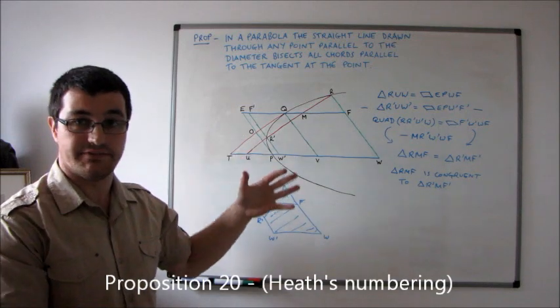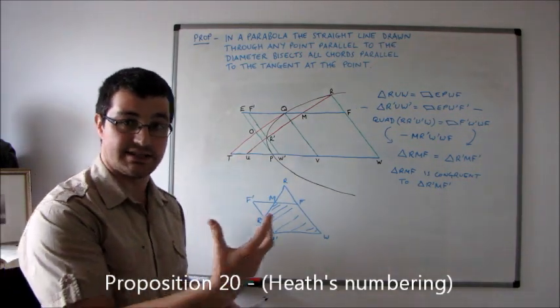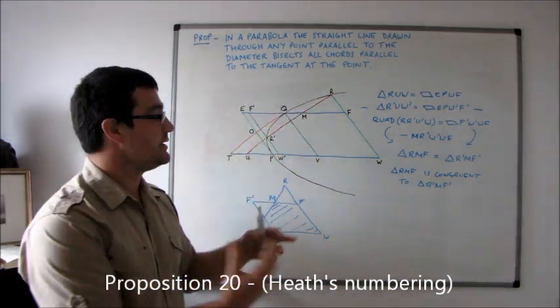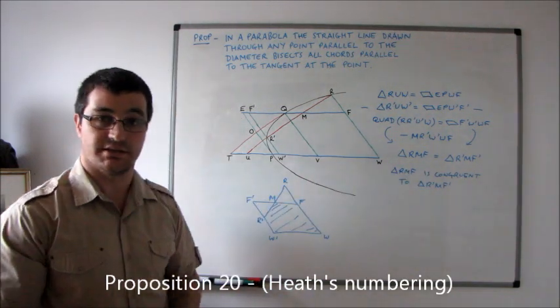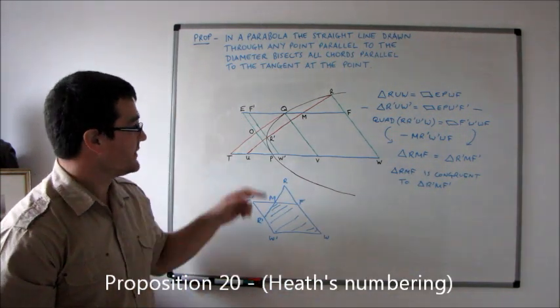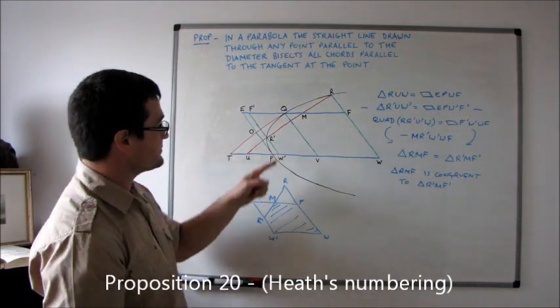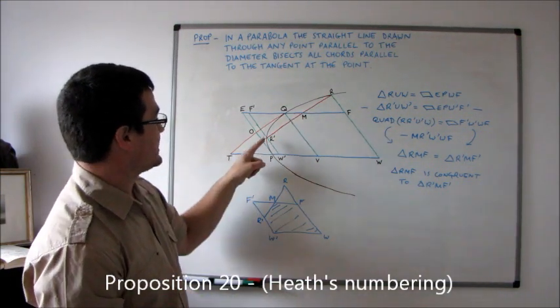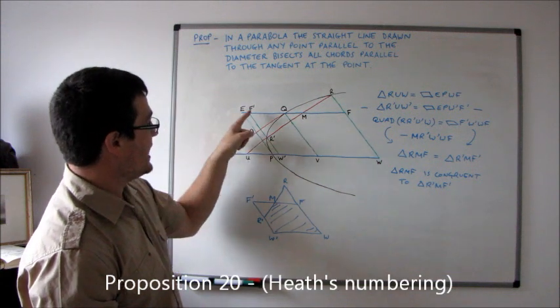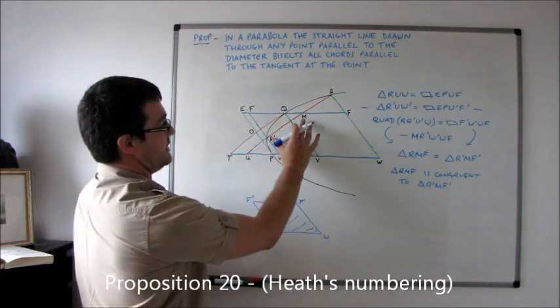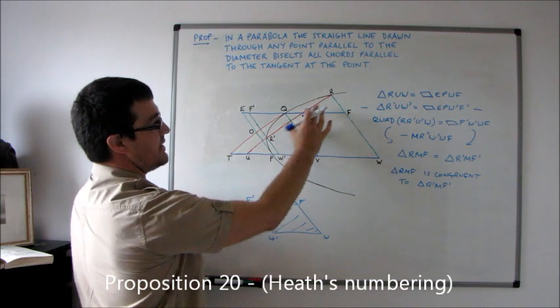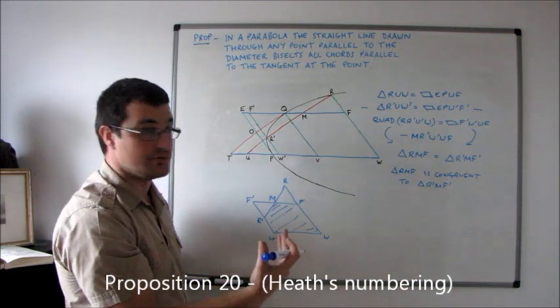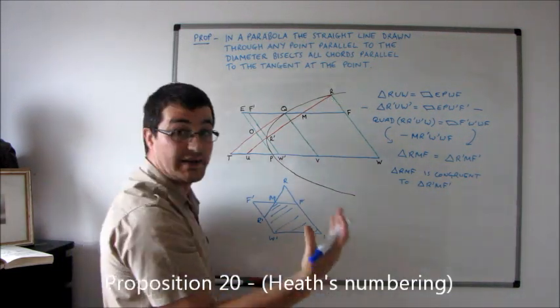But looking at the parallels involved, we can see that the triangles are at least similar because they're equiangular, and this, coupled with this, tells us that they're actually congruent. So if they're congruent, RMF and R primed M F primed, then RM and R primed M are corresponding sides of those two triangles, so they must be equal.